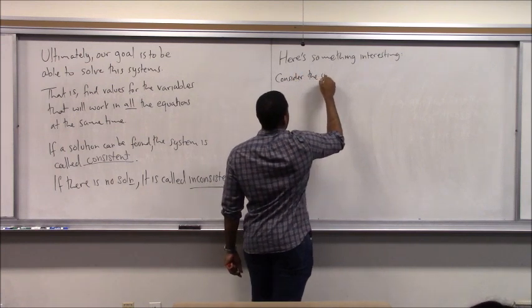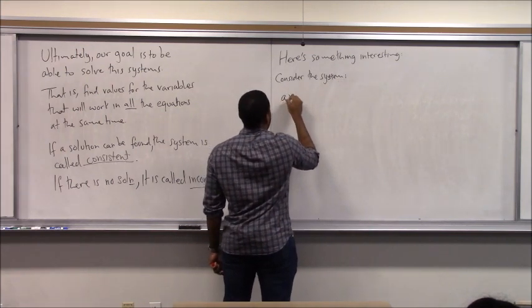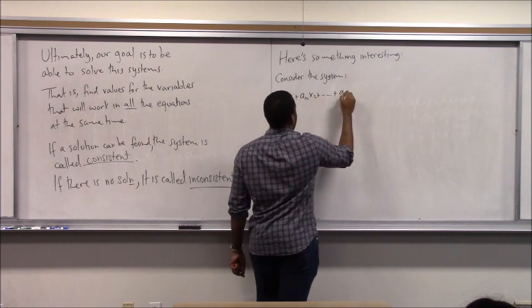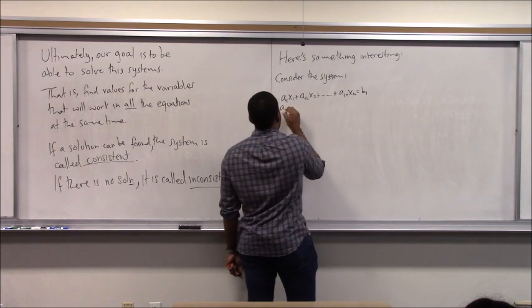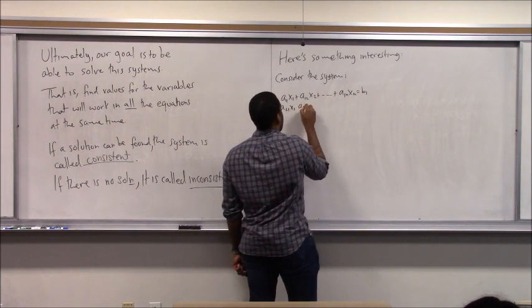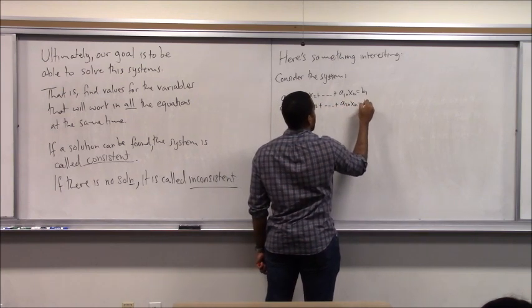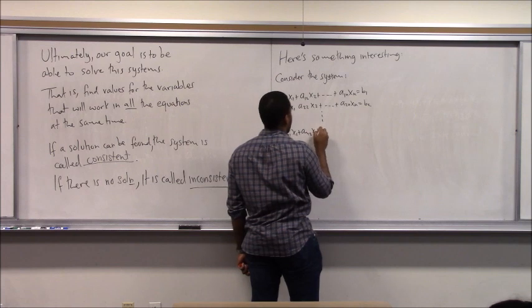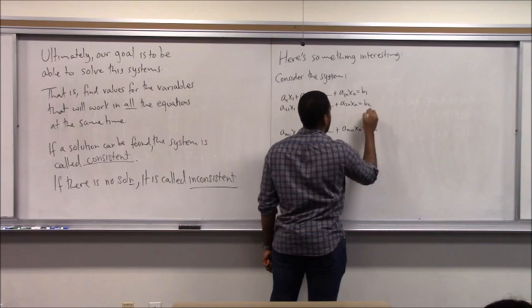A11 x1 plus A12 x2 plus and so on plus A1n xn equals B1. A21 x1 plus A22 x2 plus and so on plus A2n xn equals B2, and so on, down to Am1 x1 plus Am2 x2 plus Amn xn equals Bm.